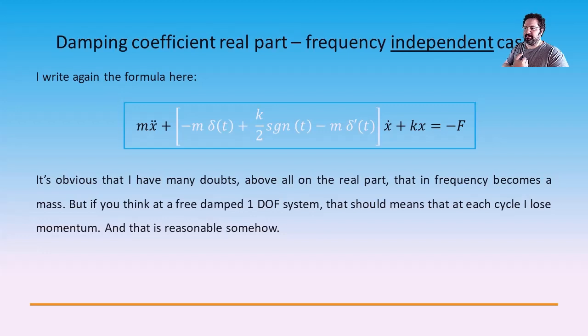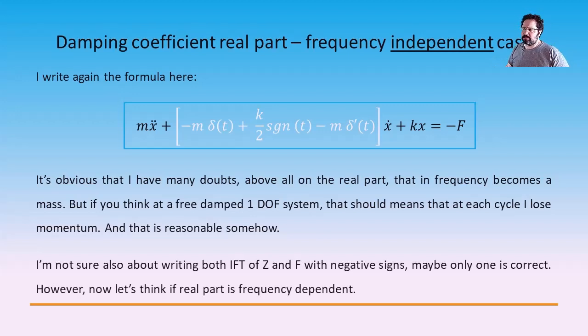But if you think at a free damped 1 degree of freedom system, that should mean that at each cycle I lose momentum, and that is reasonable somehow. I'm not sure also about writing both inverse Fourier transform of zeta or impedance and force with negative signs. Maybe only one is correct.